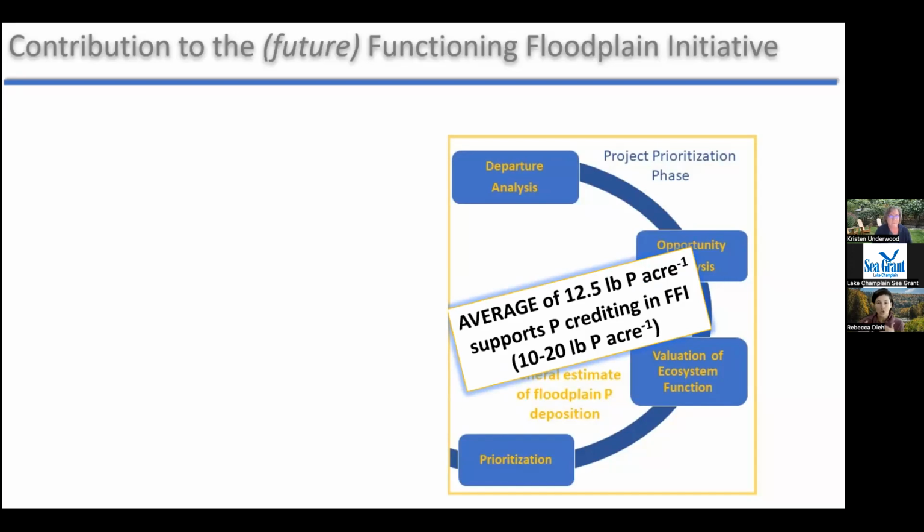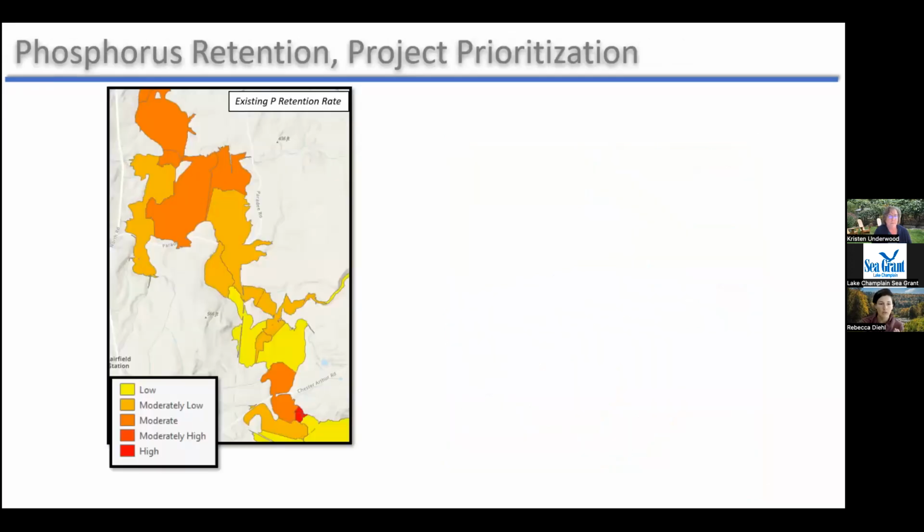So it's showing that over time we've built up this data set and now we support these estimates. But what we are working towards, and what we're ideally going to get to, is using our understanding of how spatially variable phosphorus deposition rates can inform a more specific identification of phosphorus deposition.